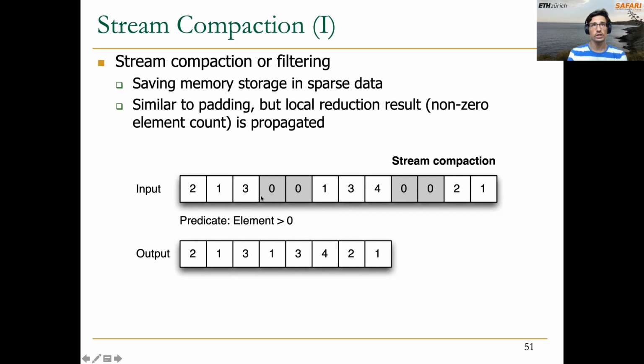So if, for example, these 3 or 4 values here were assigned to thread 0, and this thread 0 is going to filter out this 0 here and only copy these 3 elements to the output, the next worker, let's say thread 1, needs to know where to write the corresponding values, these 3 values, for example, that were assigned to it. And to do so, we have to communicate this local reduction result.